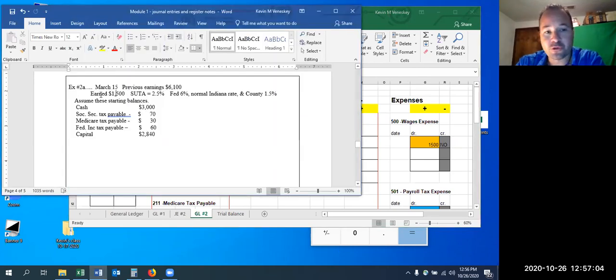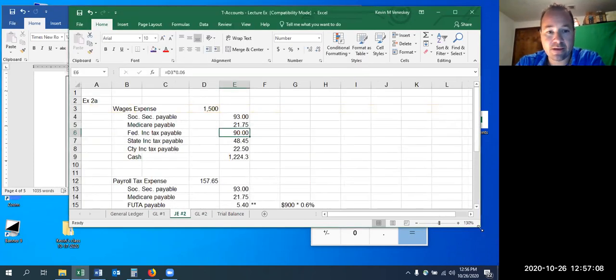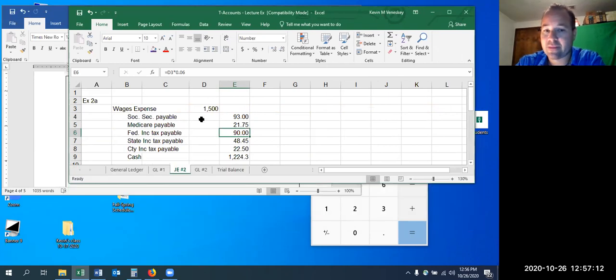Our first journal entry should have looked like this. Our debit to wage expense to show how much the employee earned. And then you can see the calculations that I did when I click on the individual cells. The 93. And then we've got the Medicare at 1.45.